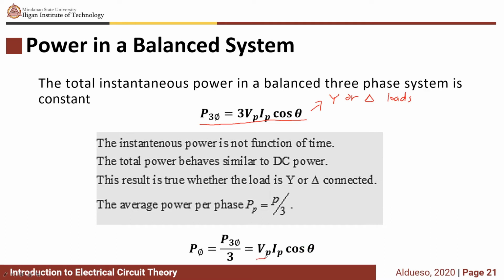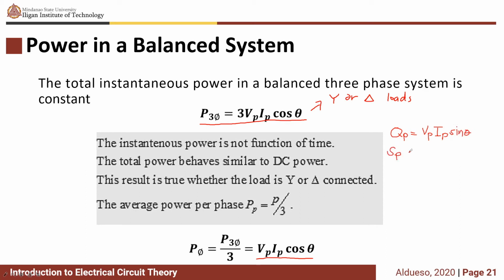We have encountered this equation before in EEE132. So if this is the average power per phase, we also have the reactive power per phase. We have Qp equivalent to phase voltage times the phase current times sine of theta.